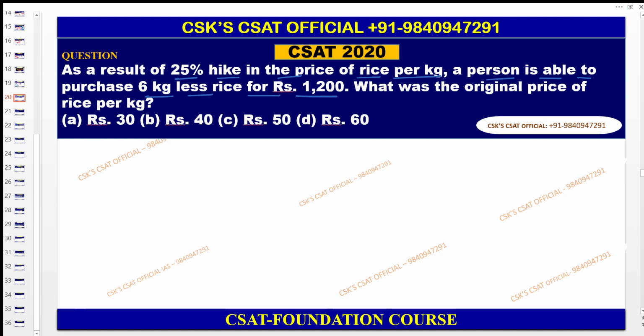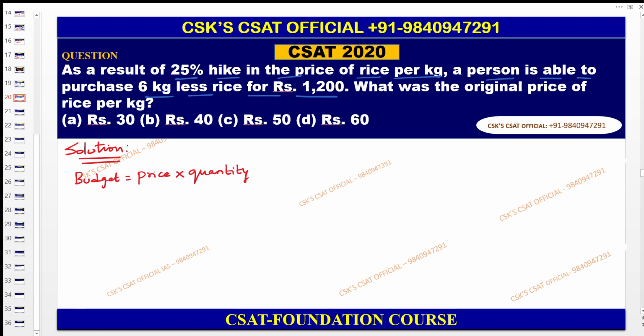Even this question can be solved in many ways. Here I will tell you the very basic concept, and then I will do method 2 also. First of all, learn this concept here. Your budget is equal to price into quantity.